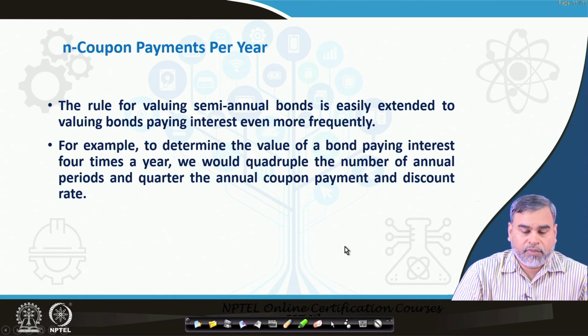So, like that, if you want to go for n coupon payments per year, then the rule is basically this: the number of periods will be nm, your interest rate will be RA by n, and your coupon will also be C by n.